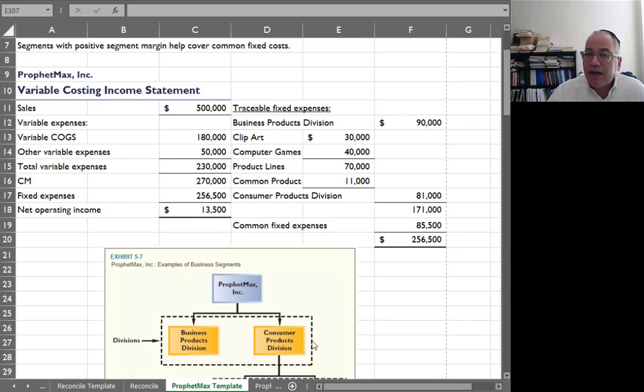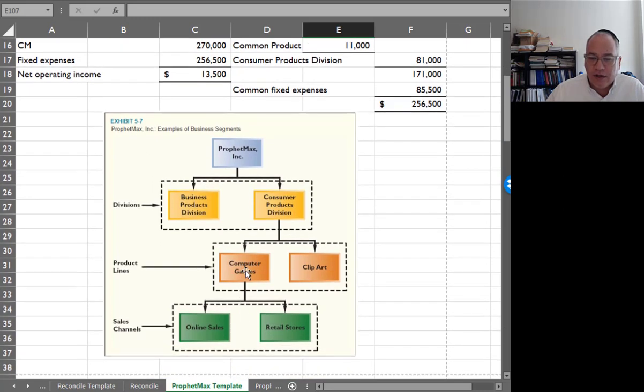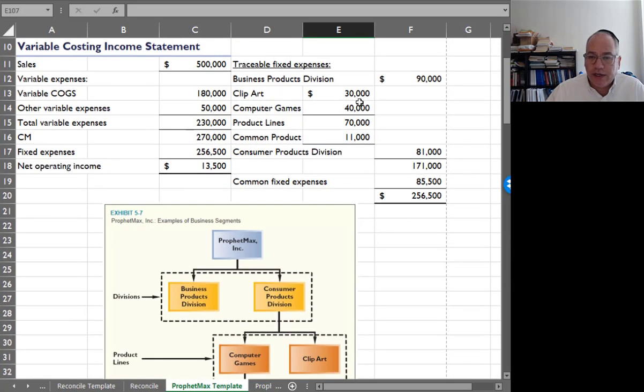But what's even more complicated is the fixed expenses. The Business Product Division has its own fixed expenses of $90,000. Clip art and computer games have traceable fixed costs. Those are down here. Traceable fixed costs of $30,000 and $40,000. And then they have a common product fixed cost of $11,000.